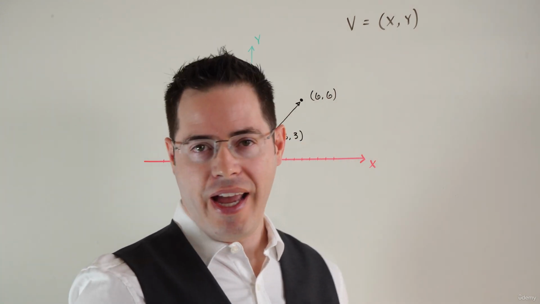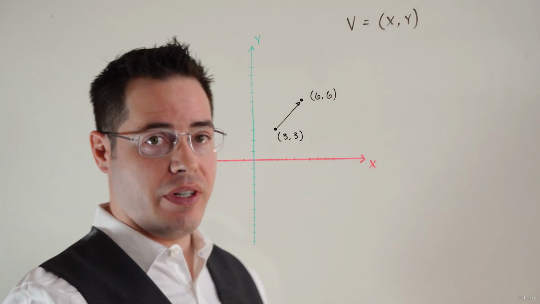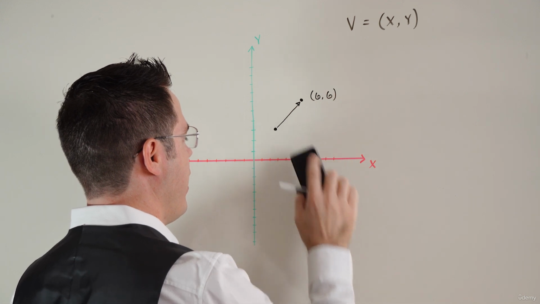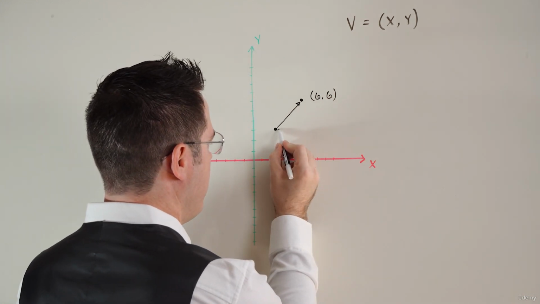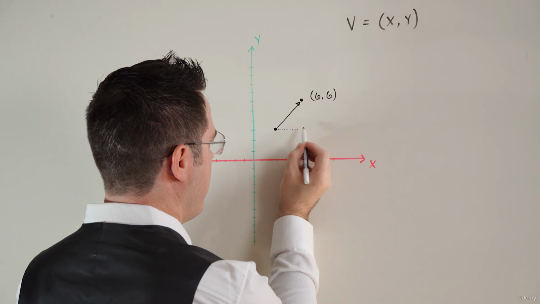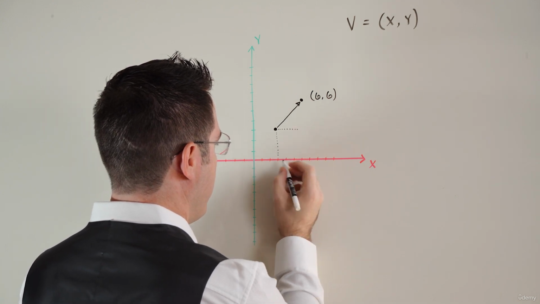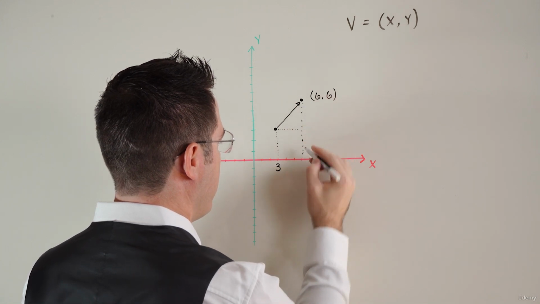Let's just start with the x component of our vector first. The x component of our vector is the distance we have to travel in the x direction to get from the tail to the head. Now we know the tail's x coordinate is 3, and we know the head's x coordinate is 6.